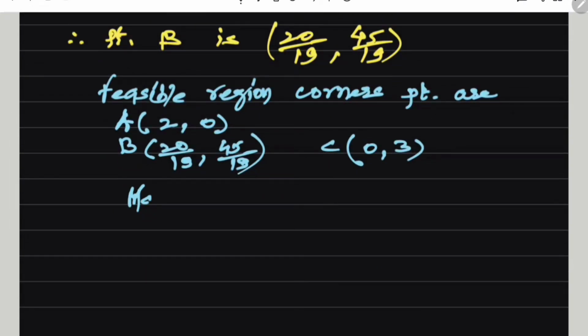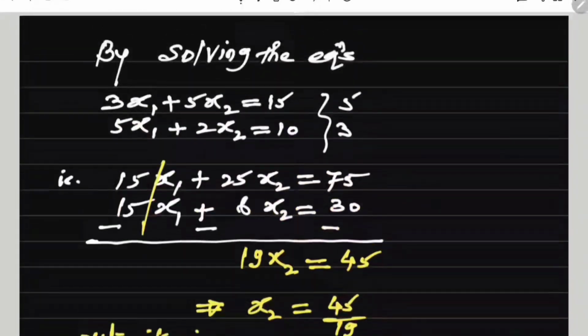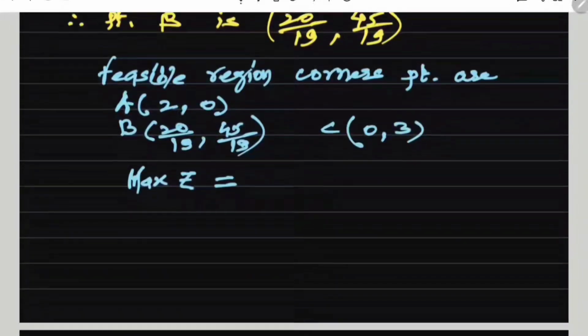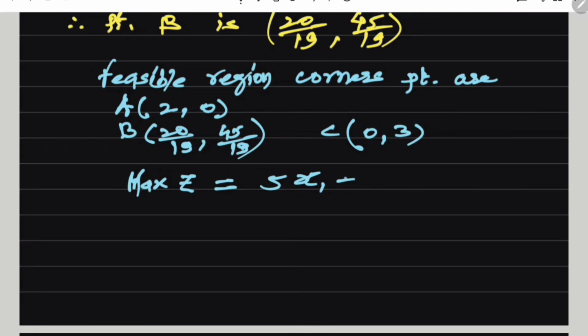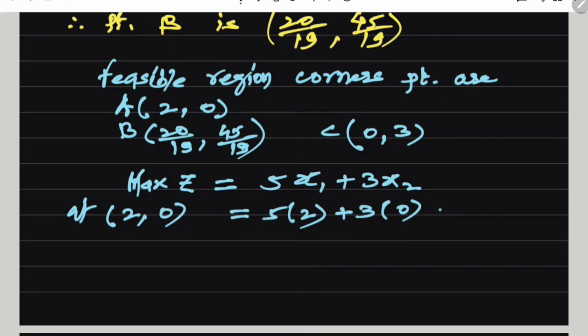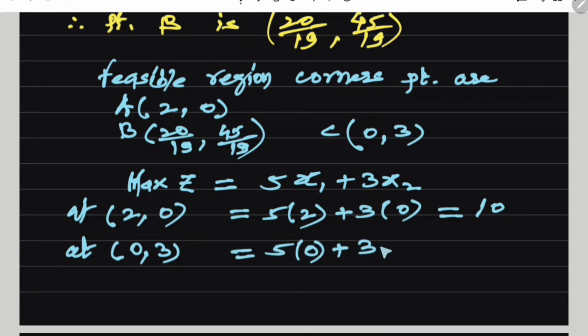Then we determine the value of max z at all these points. This is another technique to get the maximum value. Therefore, for the (2, 0) point, we put x1 as 2 and x2 as 0. 5 into 2 plus 0, we get the value as 10. Then at (0, 3), we get 5 into 0 plus 3 into 3, that is 9.